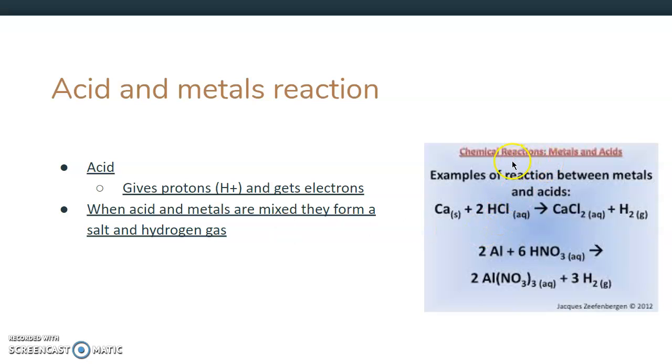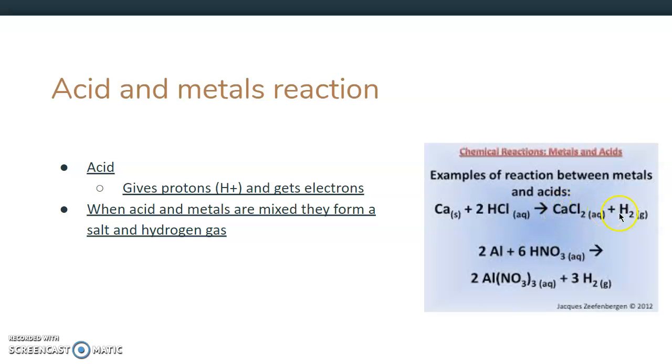So looking at our good example over here, we have our metal being calcium and our acid being HCl, which is hydrogen chloride. So we will put them together, and this AQ means that this acid also has a little water in it, but we'll put them together, and this calcium will form with our chloride to make a salt.